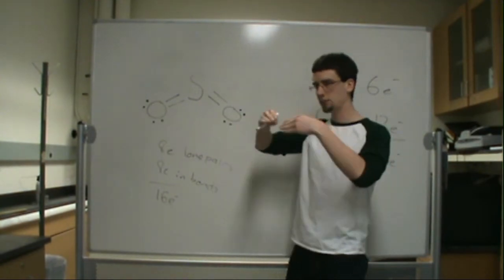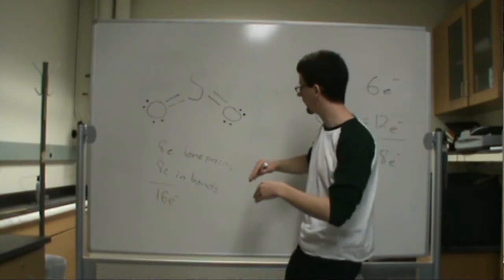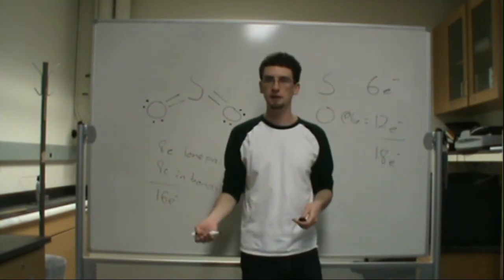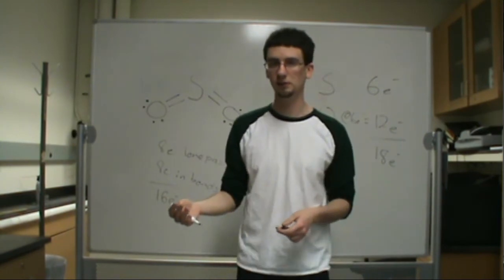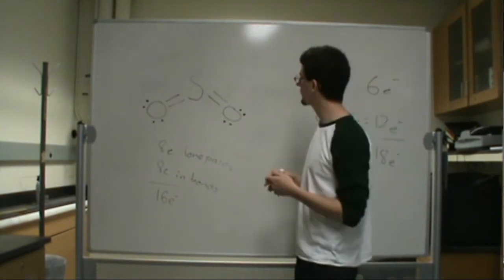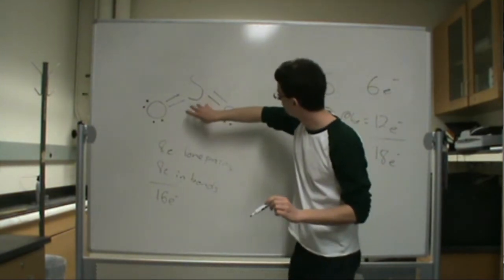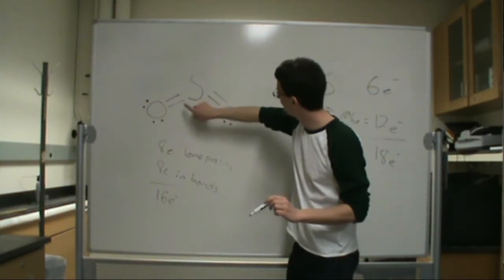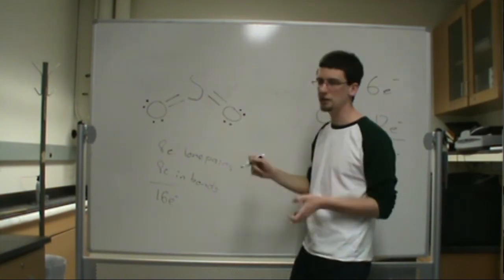But atoms that are lower in the periodic table than that row have what's called an expanded octet, where they can accommodate more than 8 electrons. Right now sulfur only has 1, 2, 3, 4 electrons.